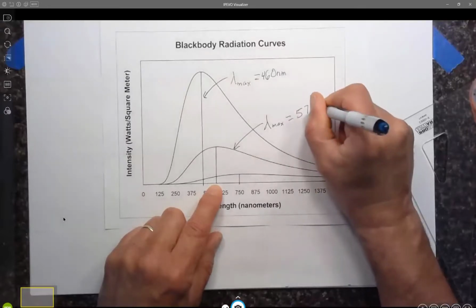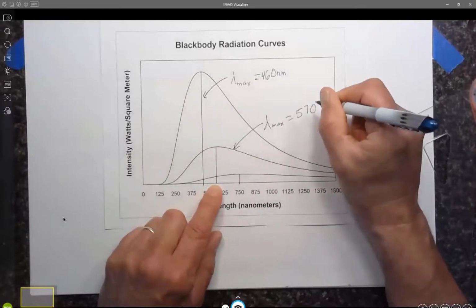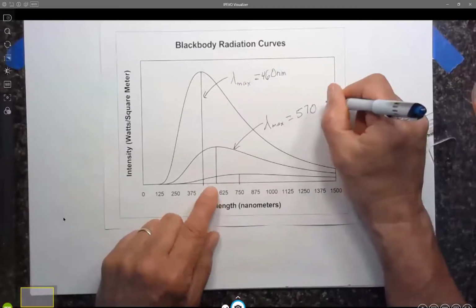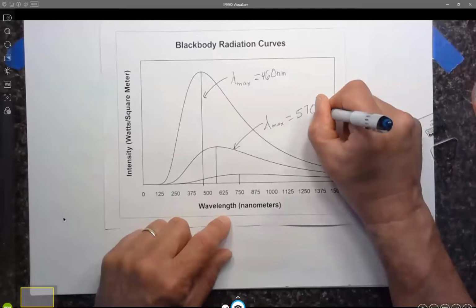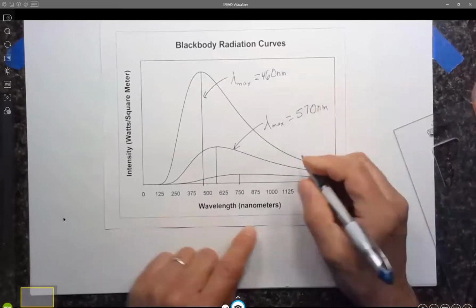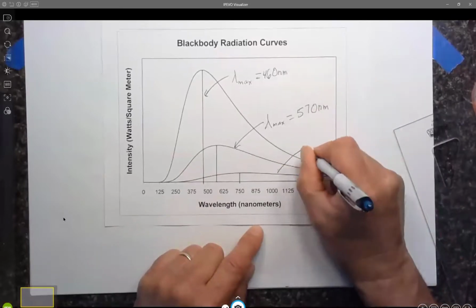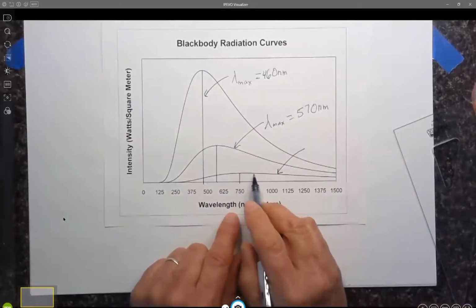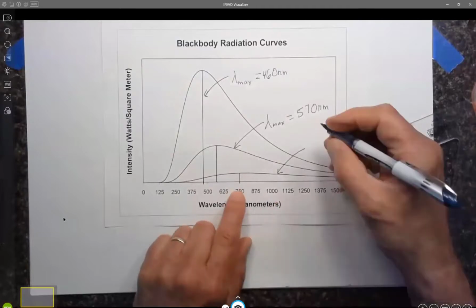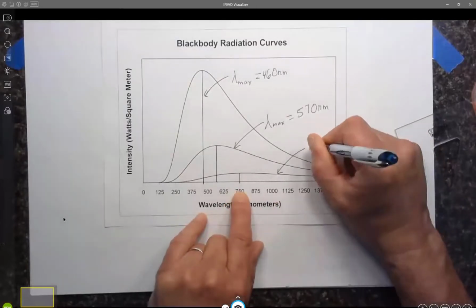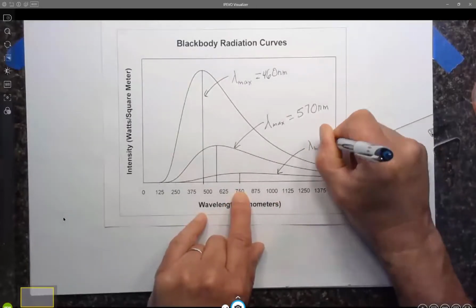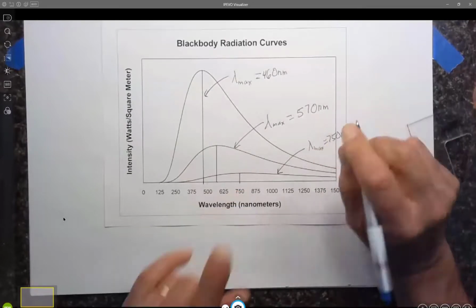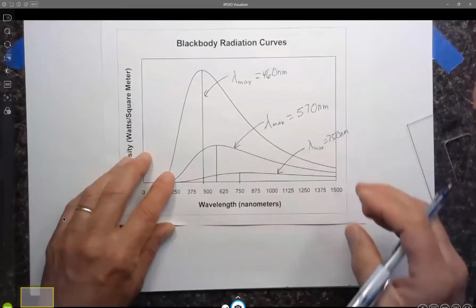And it's no big deal if I thought it was 566 or 568 or 575. We're just estimating the temperature here. And then this lowest one, which is actually the hardest one to tell, and you might think it should be farther to the right or the left, but I'm just going to use for that one, lambda max is 750 nanometers.